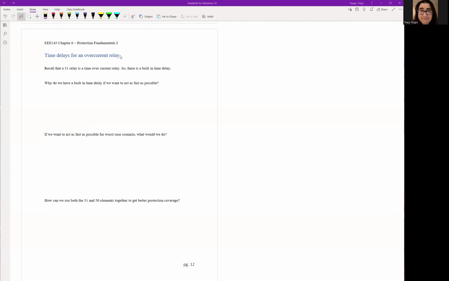So we do put in time delays to help coordinate with other relays. All right, and I'm going to type in primary versus backup protection.